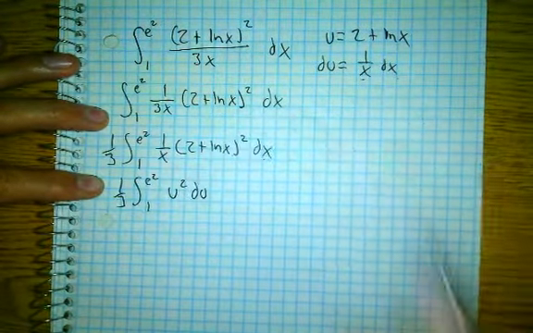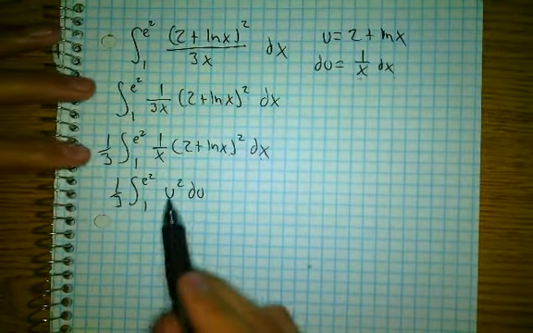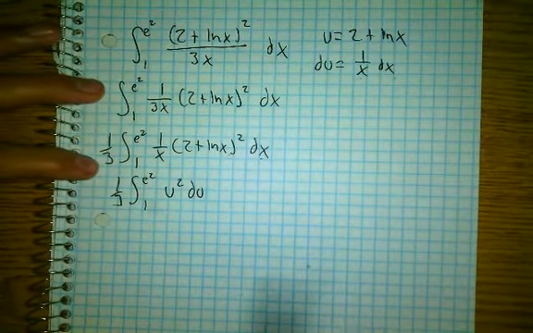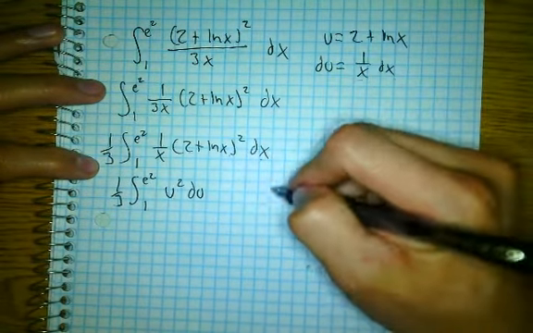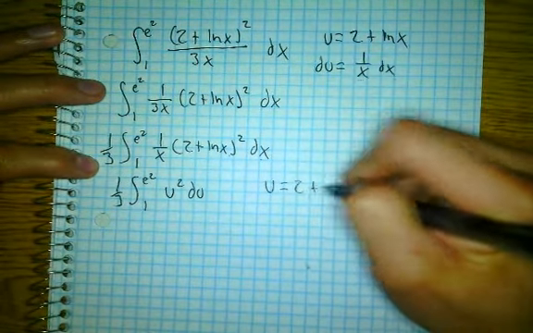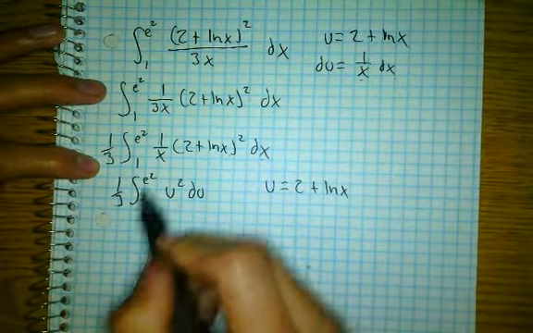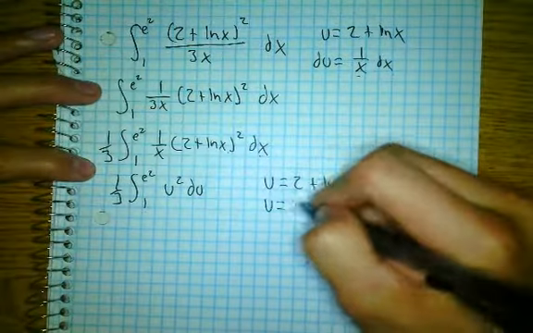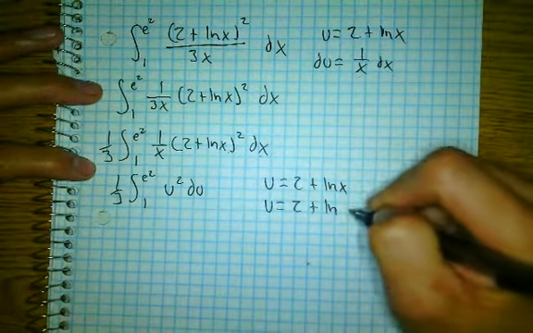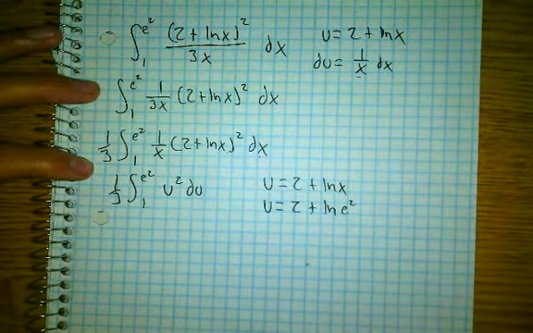Remember how at the beginning of class I told you how we can make this easier? Can we switch the limits here? Going back to my beginning statement, u equals 2 plus ln of x. So for the top limit, u equals 2 plus the natural log of e squared.